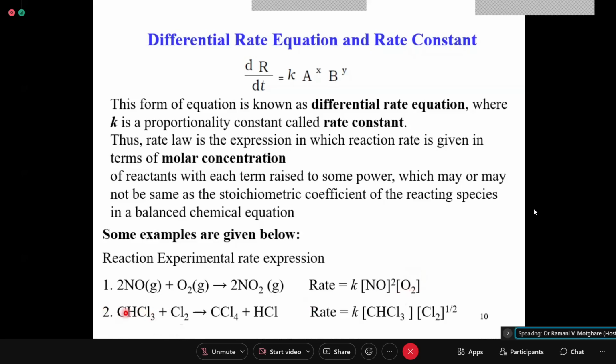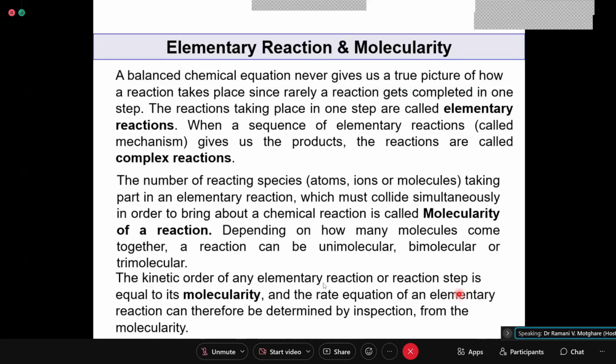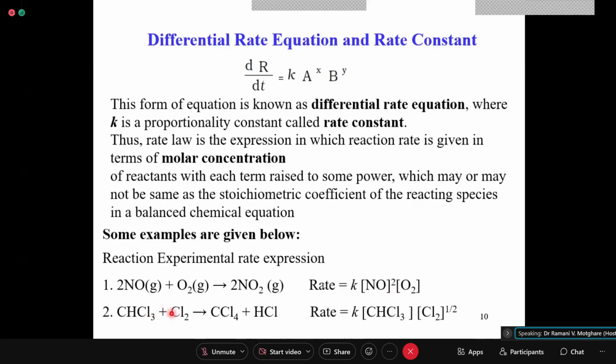The second example is chloroform, CHCl3, plus chlorine gas giving you carbon tetrachloride plus HCl. Here the rate is equal to k into the concentration of chloroform into [Cl2] raised to half. So you can see it is raised to half. So it is not necessary that the stoichiometric coefficient is the same as that in the rate law.